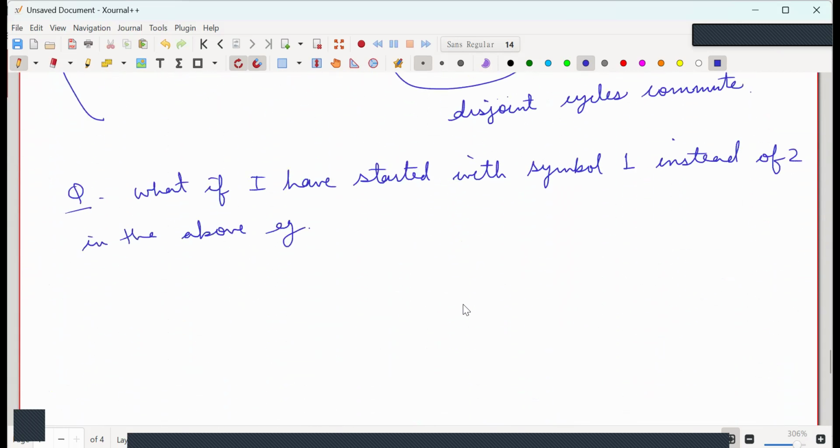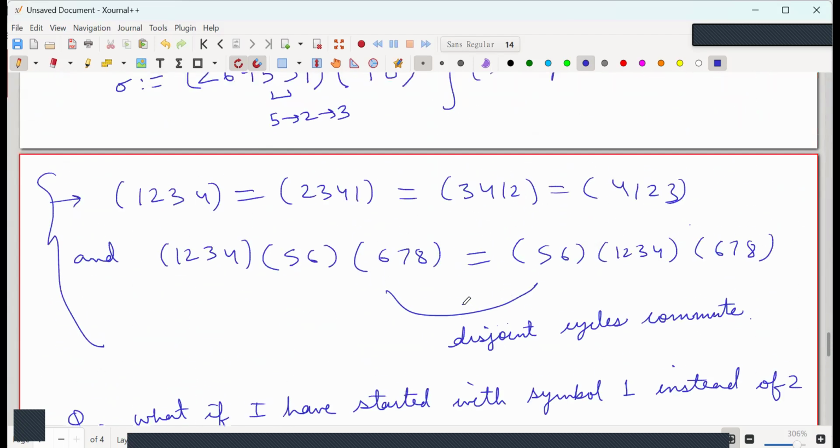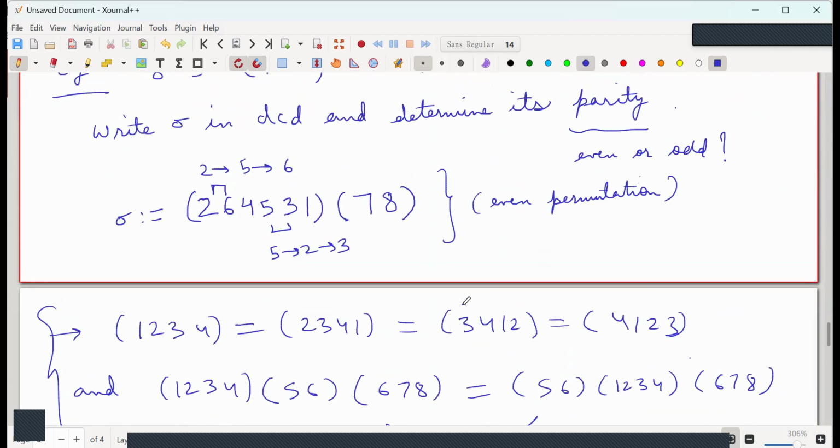So I leave it to you. If you would have started with 1, directly by looking at the answer you got in the previous case, you can predict the representation you would have got. You would have gotten the same cycle, but the cycle will be starting from 1. So you can write this cycle as 1, 2, 6, 4, 5, 3, right?